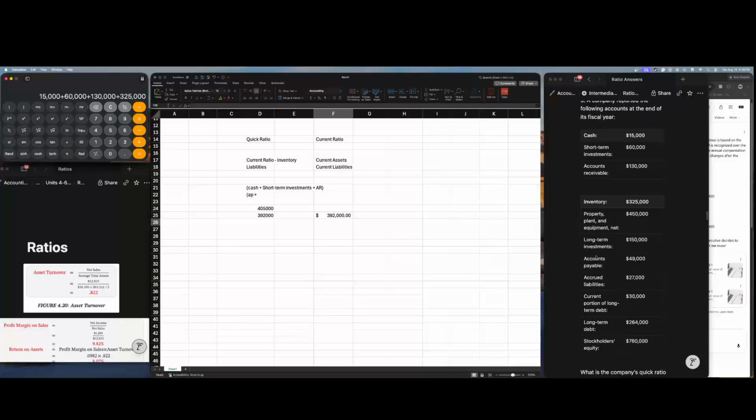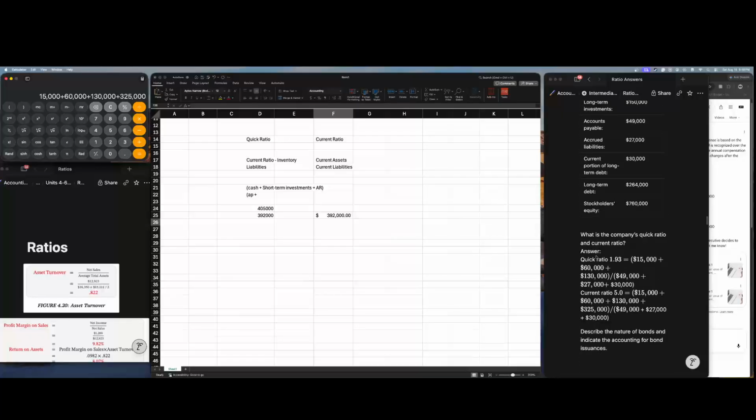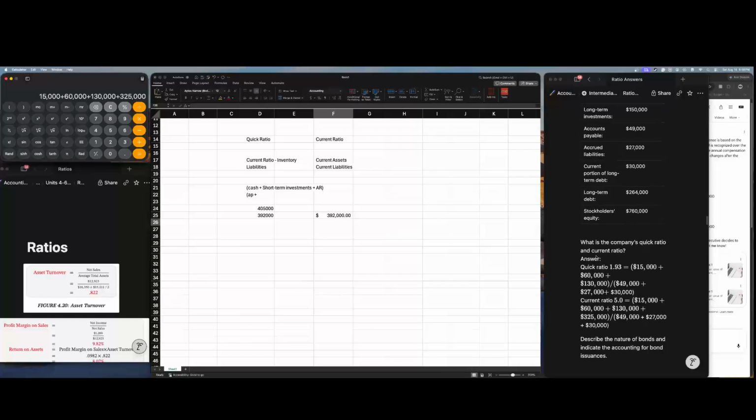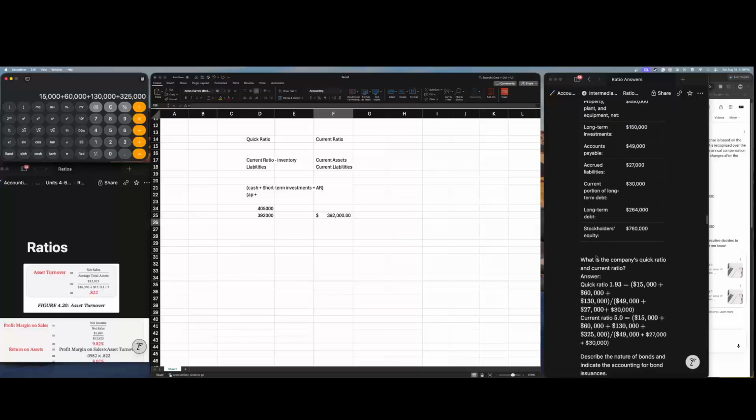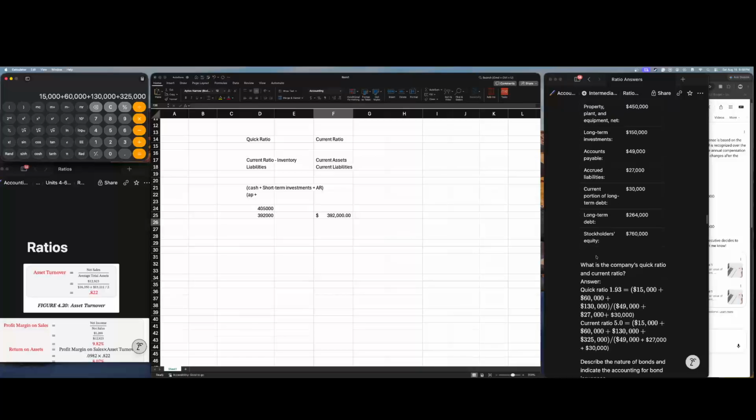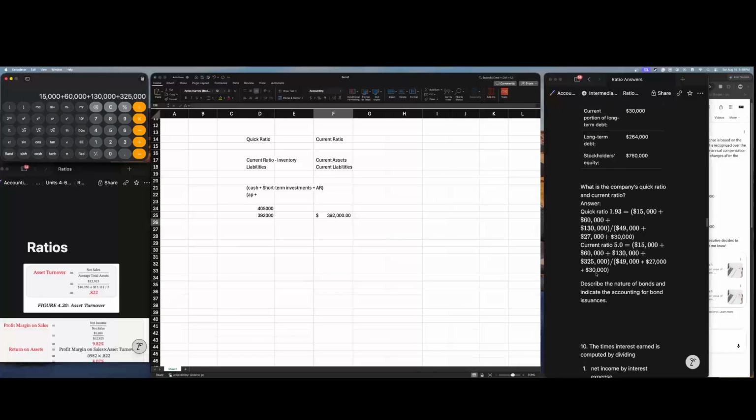I forget if plants and equipment is also included, but plants and equipment is not included for the current ratio.